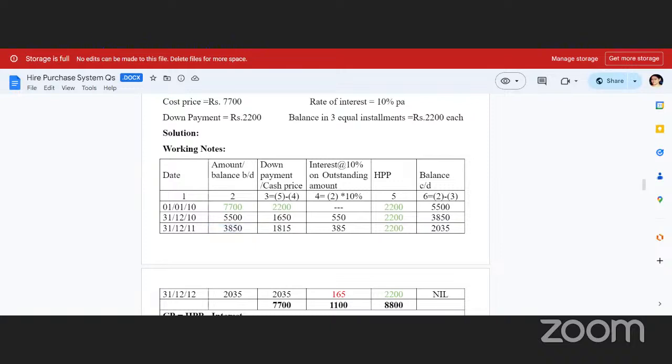In that you are paying 2,200 as a fixed amount of HPP. So now again upon 3,850 pending, you calculate 10% interest. 385 you will get. So 2,200 minus this 385, you will come to know the principal that you paid.